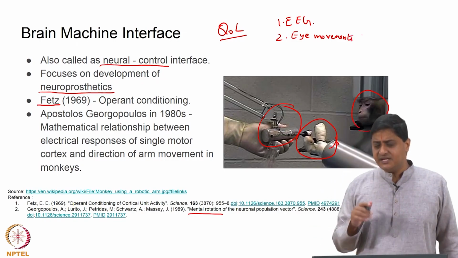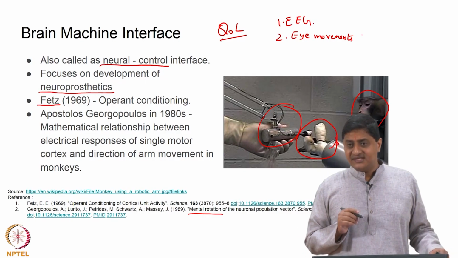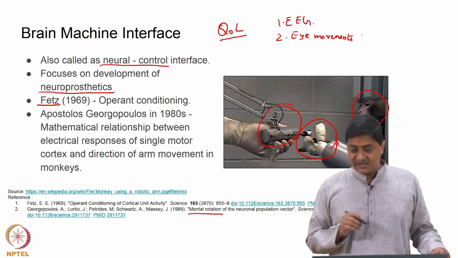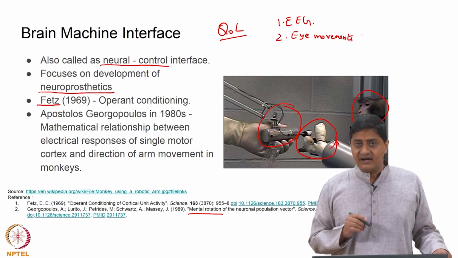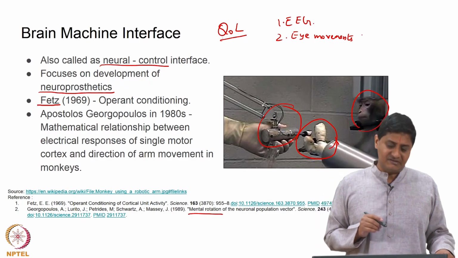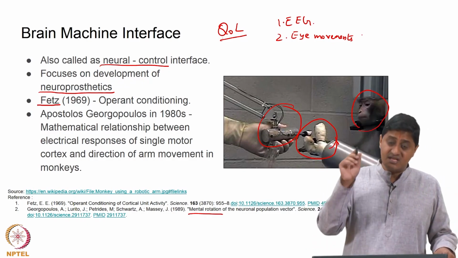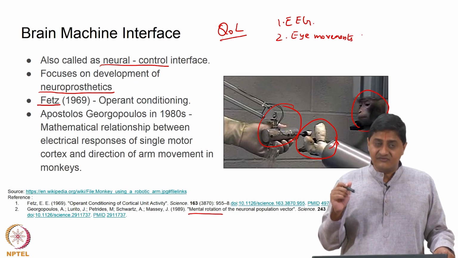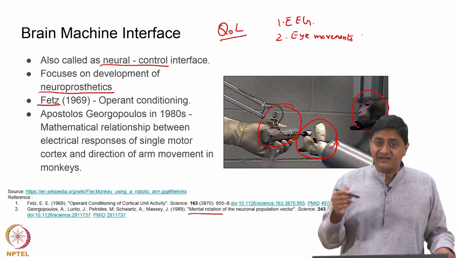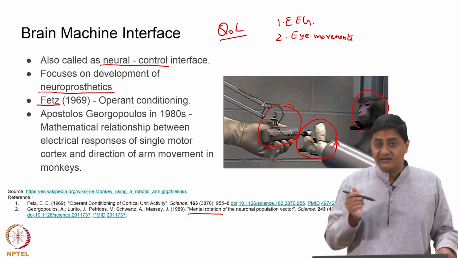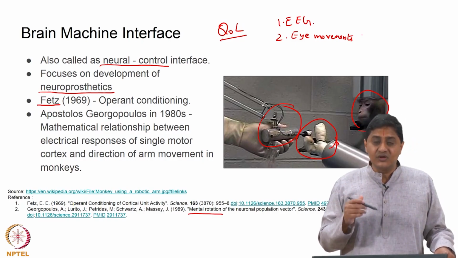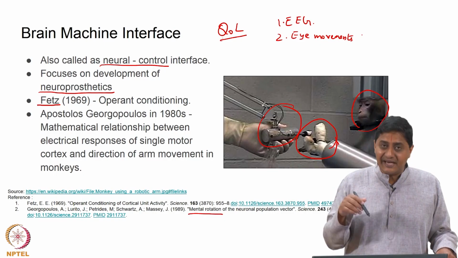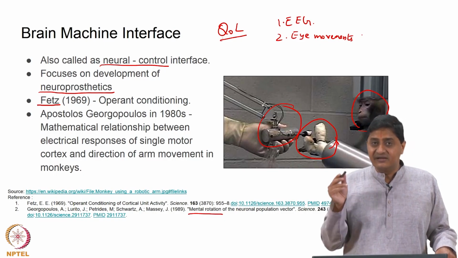For example, EEG is the activity that is recorded at the scalp level, right. There are about 6 layers from where the recording is made to where the actual activity is originating. The neural activity is originating in the brain, but the recording is made at the scalp.